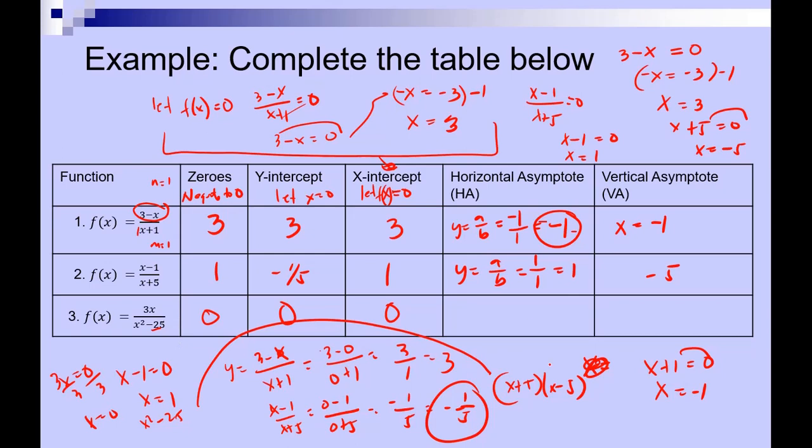Sa ating horizontal asymptote, so we will have y is equal to 0, kay mas dako man ang ilalom kaysa gamay. Gamay man ang babaw kaysa ilalom. And the vertical asymptote, makapa-0 sa denominator. So, ito na siya, x plus 5 times x minus 5. So, dalawa. We have x is equal to negative 5 and then x is equal to positive 5.